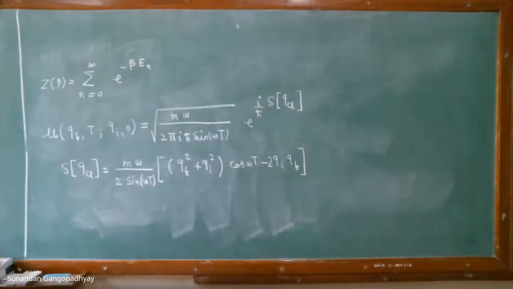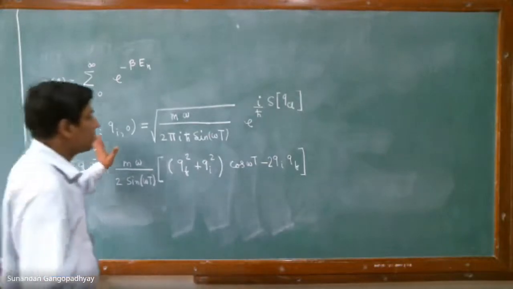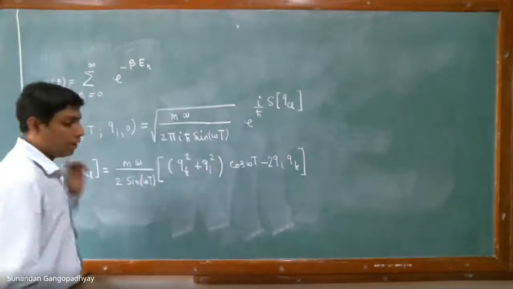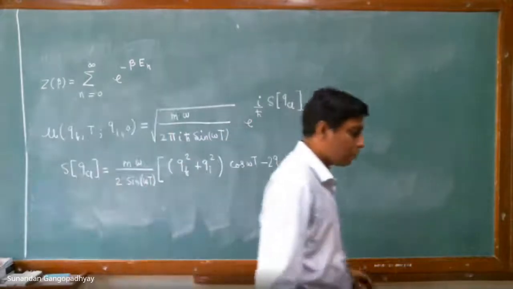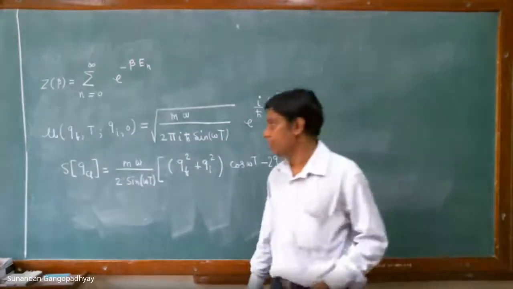So this is the expression for the propagator of a quantum harmonic oscillator in one dimension.